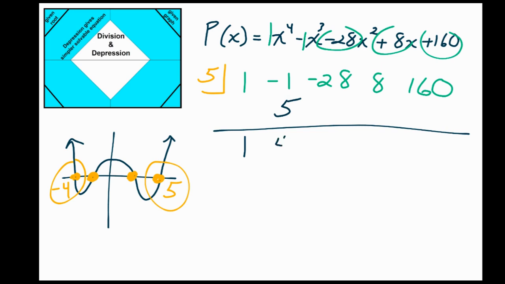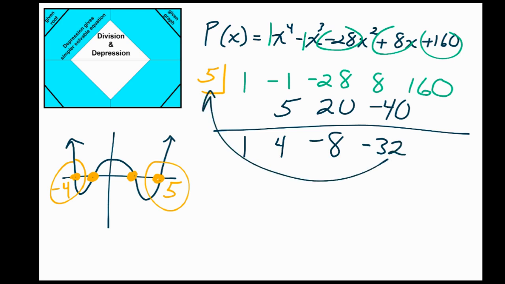As I do this process of division, I'm hoping that I end up with a remainder of 0, because a remainder of 0 is going to tell me that it divided evenly. Now, 5 times 32 actually comes out to be negative 160. That's perfect. A remainder of 0, I get a depressed polynomial.